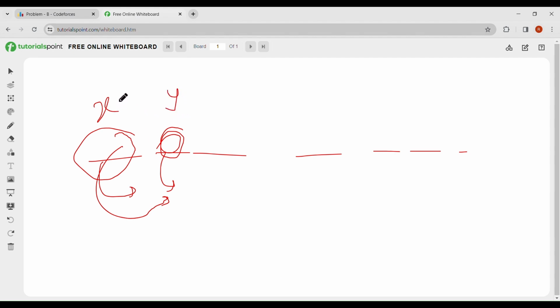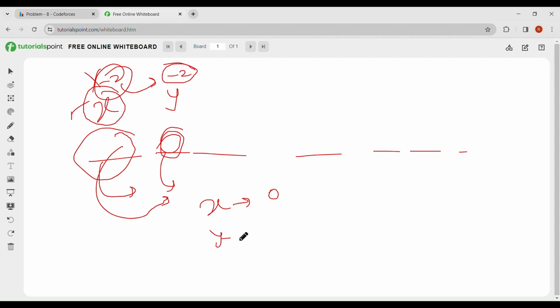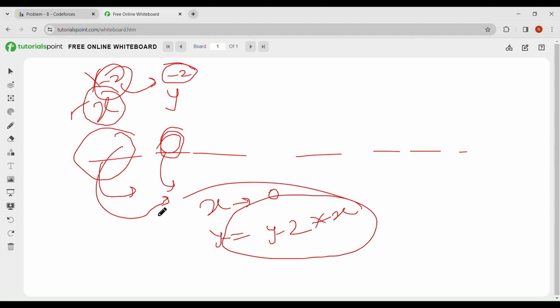To make x equal to 0, you will never perform the subtract 2 operation on this position. You only perform it on this index. If x should be converted into 0, then y becomes y minus 2 times x. So this was the second observation. You need to convert this number into the form y minus 2 into x.